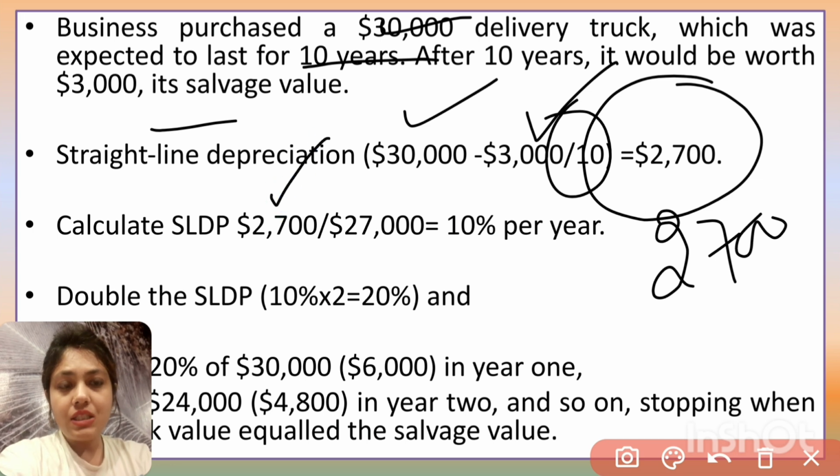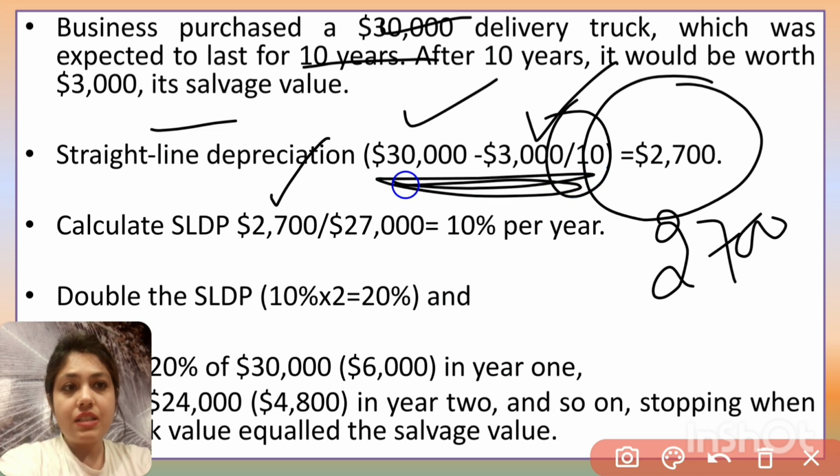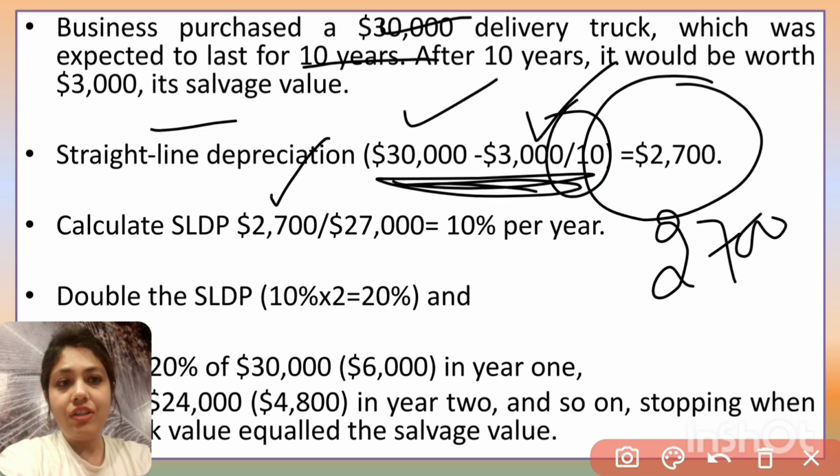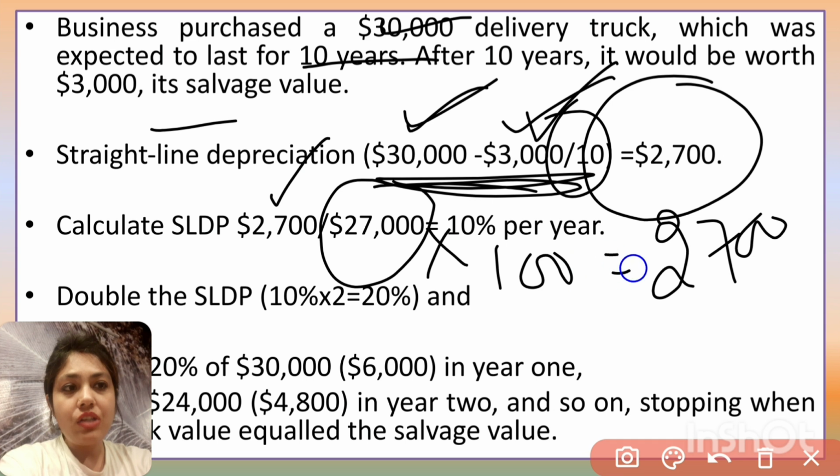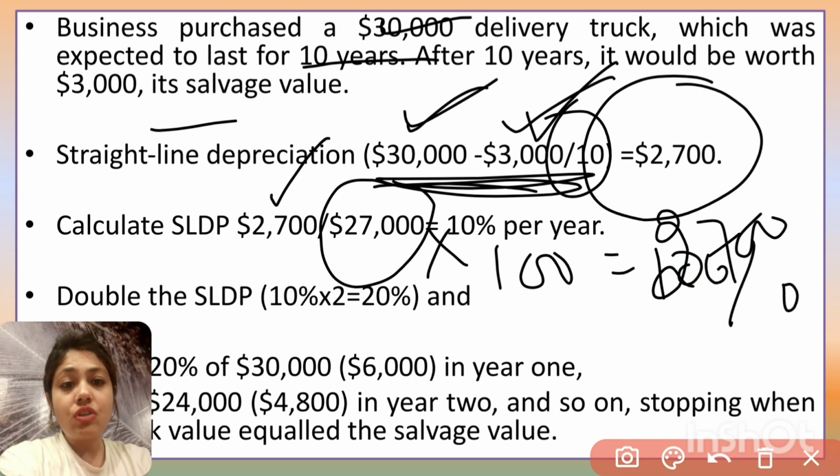Amount of depreciation 2,700 divided by the cost minus salvage value, that is 30,000 minus 3,000, which comes out to be 27,000. So whenever we divide this and multiply by 100, we get 10%. So this is the straight line depreciation percentage.